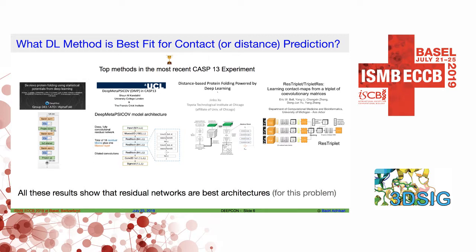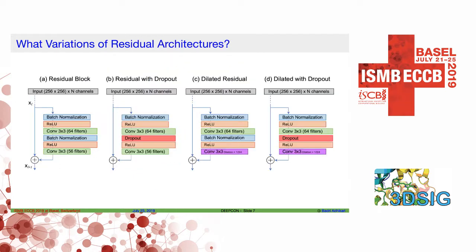So the question becomes, are residual networks the final architectures best fit for this problem, or can we improve them? In this project, we investigated whether we can improve residual network architectures to further improve contact prediction. Here's a typical residual block that has 2 convolutional layers, batch norm layers, and ReLU activations.